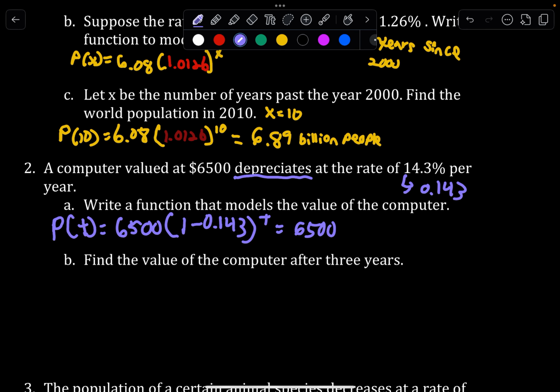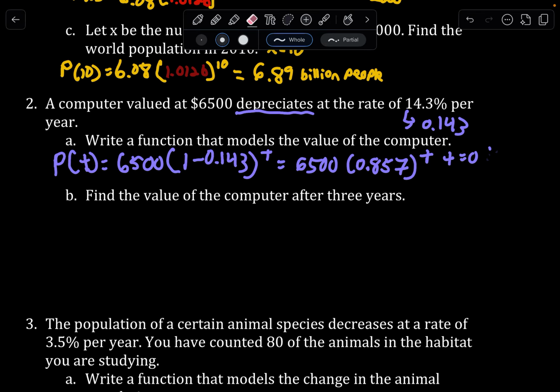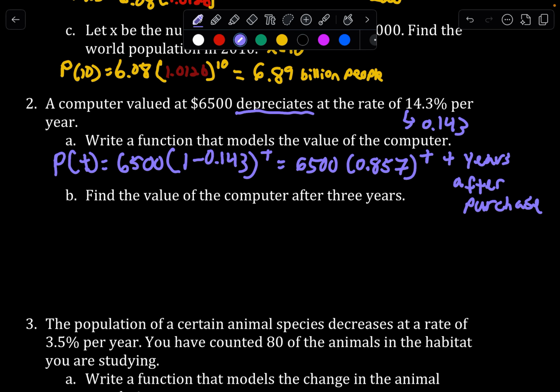So this is times 0.857 to the t power, where t is years after purchase.